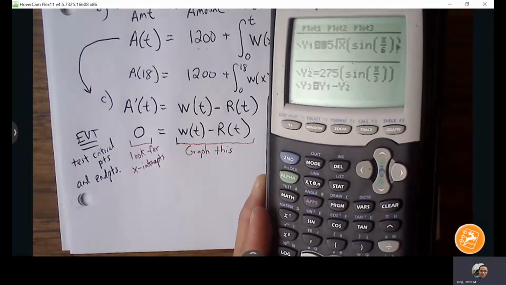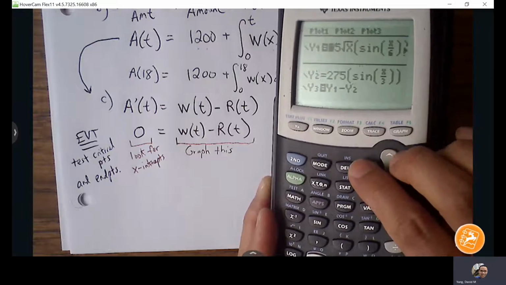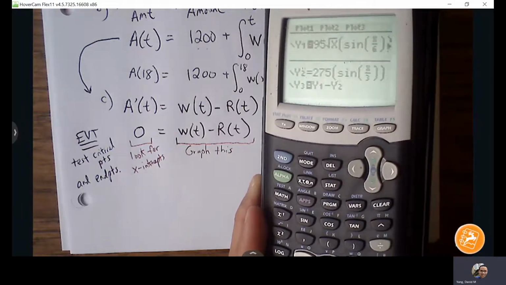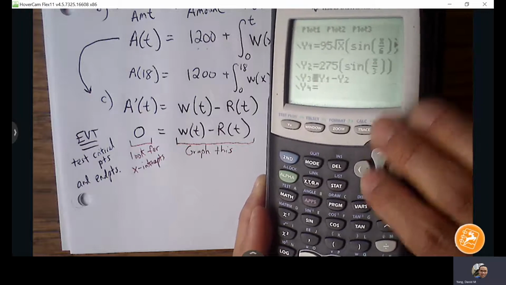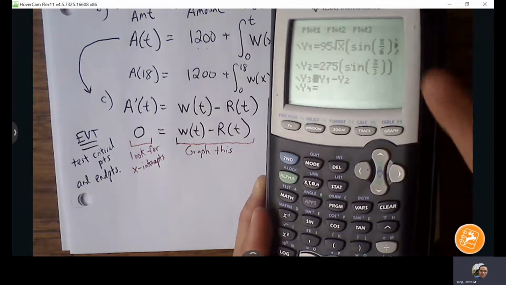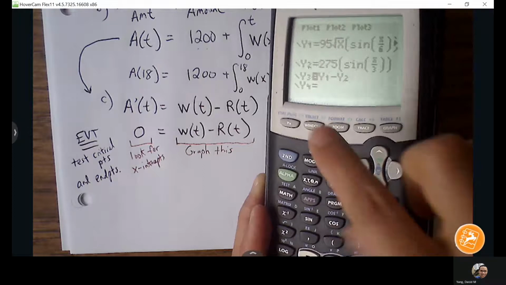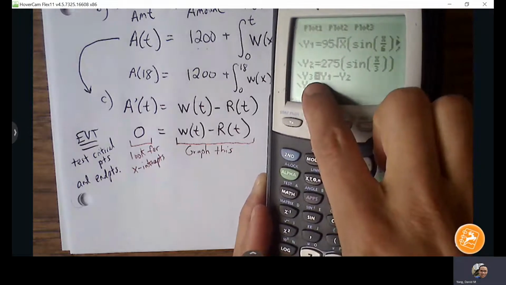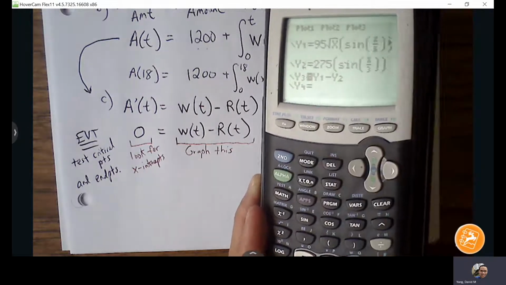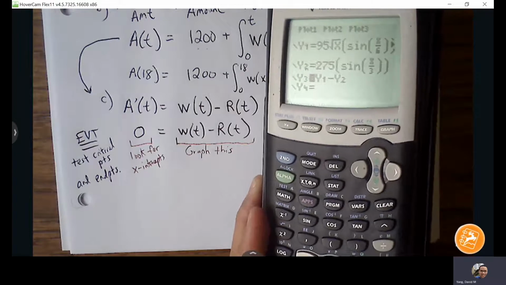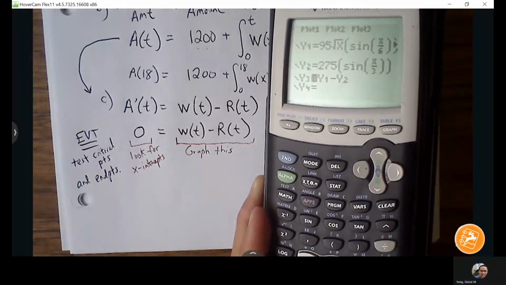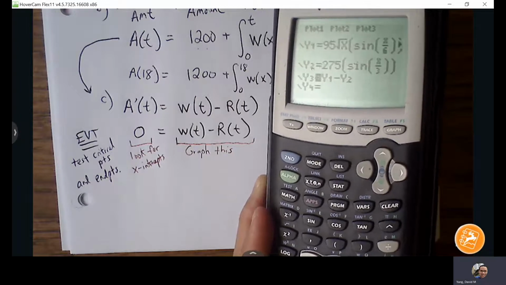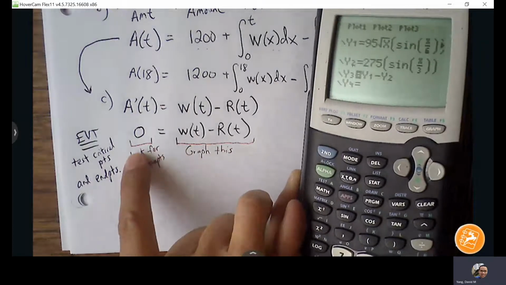That way I can avoid typing everything in again. However, I'm going to make an adjustment here. I'm going to go to the equal sign and unhighlight my y1, y2. I still want the functions there, but I don't want them to show up on the graph. Anytime you unhighlight or highlight the equal sign, you can choose which graph shows up when you hit graph. I'm going to graph y1 minus y2 and look for the x-intercept.